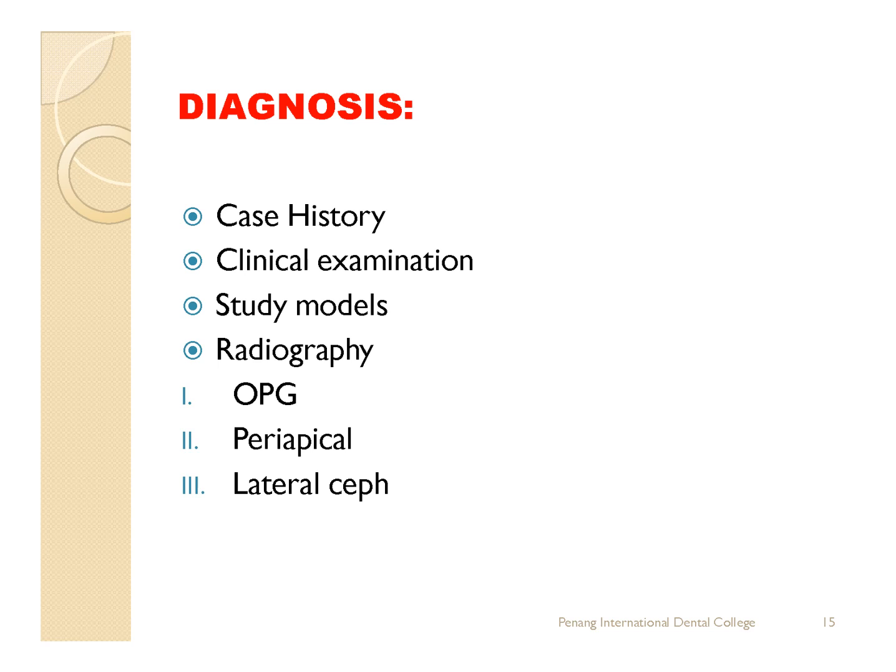So when you have to formulate a treatment plan, you must have a good study model with you, or at least pre-treatment photographs, right? And under radiography, the most common that we take for orthodontic treatment is your OPG and your lateral ceph, right? In a few cases, of course, you might need the IOPA as well, but most commonly OPG and lateral ceph will do the job.